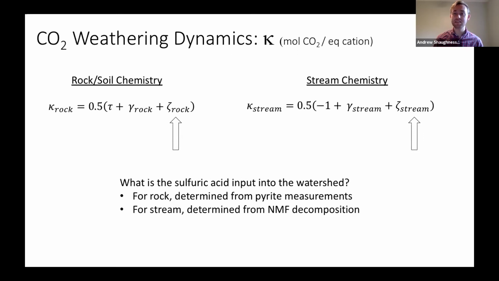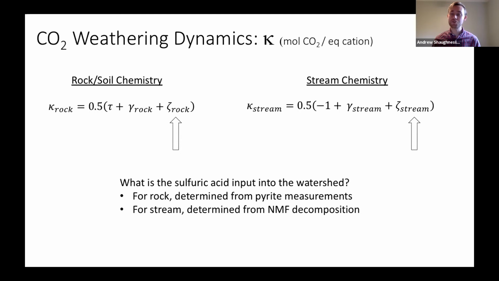All right, and then the last thing here is, what is this ratio of CO2 to sulfuric acid in terms of weathering agent? For the rock, we're going to think about the in situ sulfuric acid generation by looking at the relative abundance of pyrite compared to the total cations in the rock.